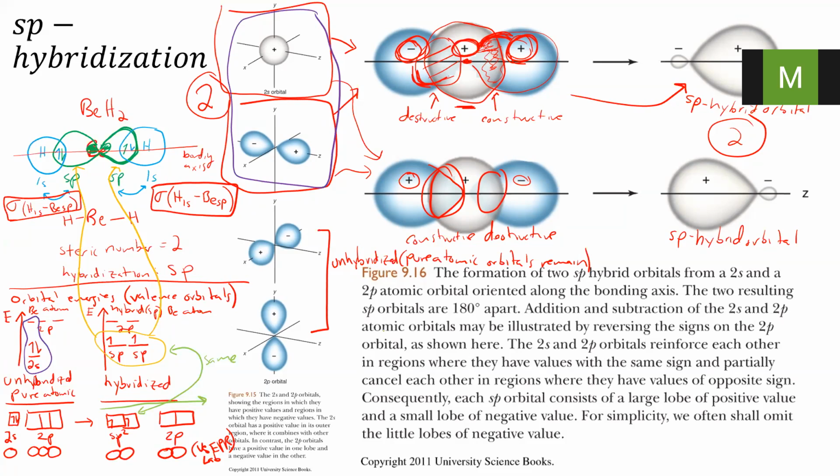Anytime you see steric number 2, the hybridization is sp hybridization, and you also know that you have a linear electron geometry. So these things are all related to each other. If it's steric number 2, it's a linear electron geometry, and the hybridization is sp for that central atom.